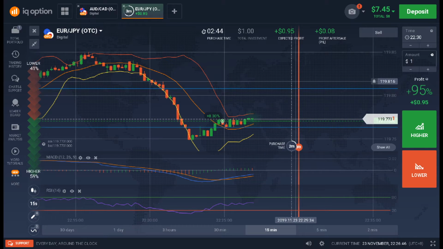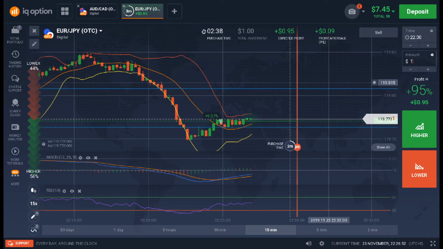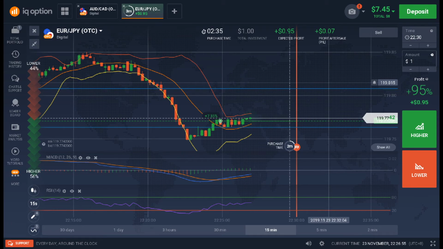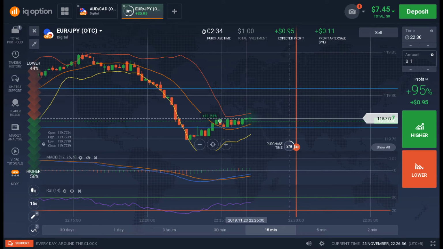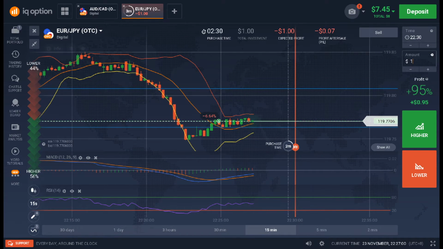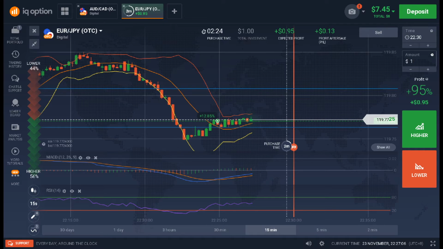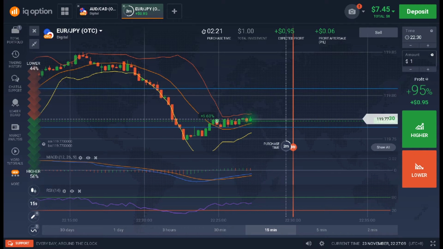Okay. We think this will hopefully continue to go up. Our RSI still looks healthy. We're moving above the MA20 line. If this goes below MA20, I'll cut my losses.